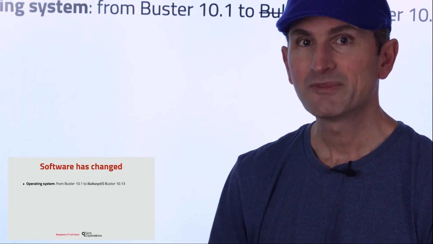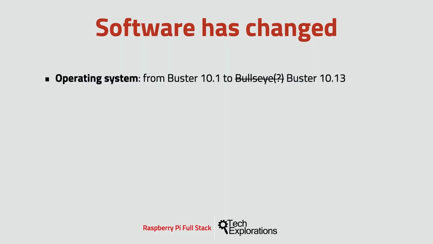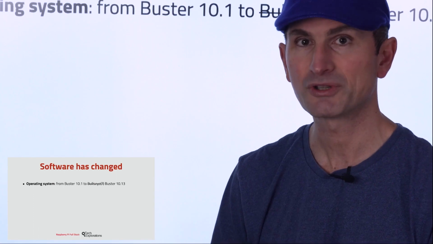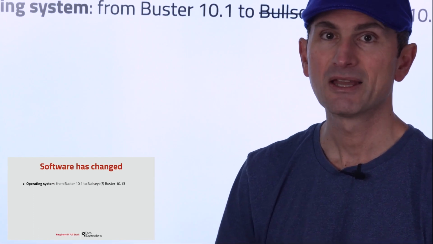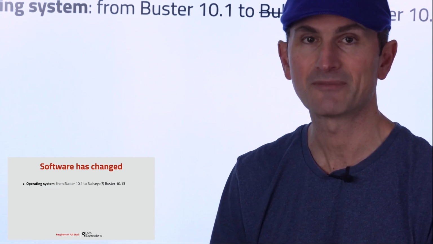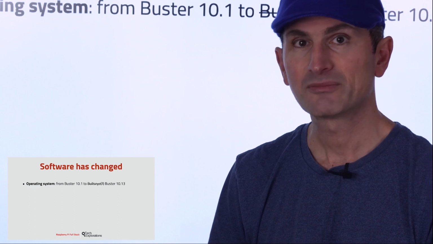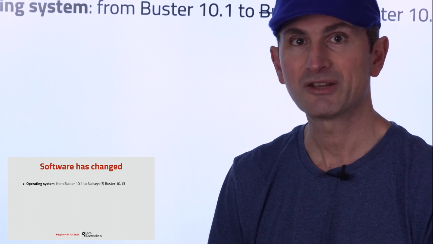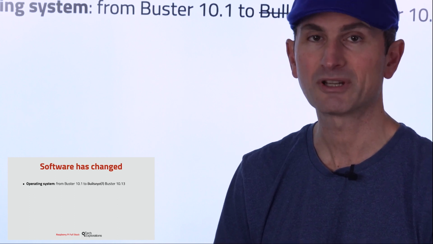The operating system is a major component of our application. When I published this course, the latest version of the Raspberry Pi operating system was Buster version 10.1. Today we have 64-bit versions of the Raspberry Pi OS Bullseye version 11. Upgrading from Raspberry Pi OS version 10 to version 11 is a major upgrade.